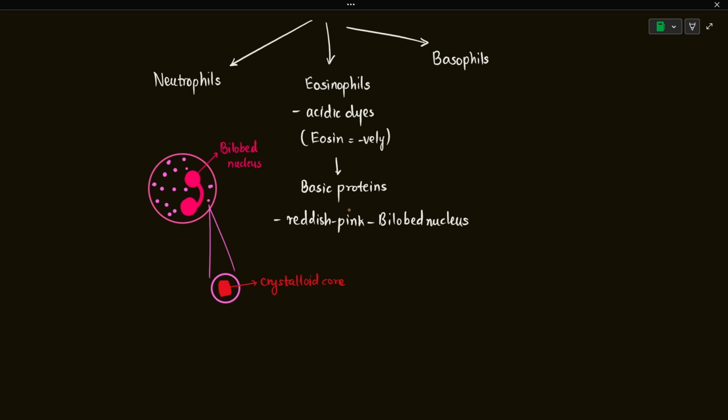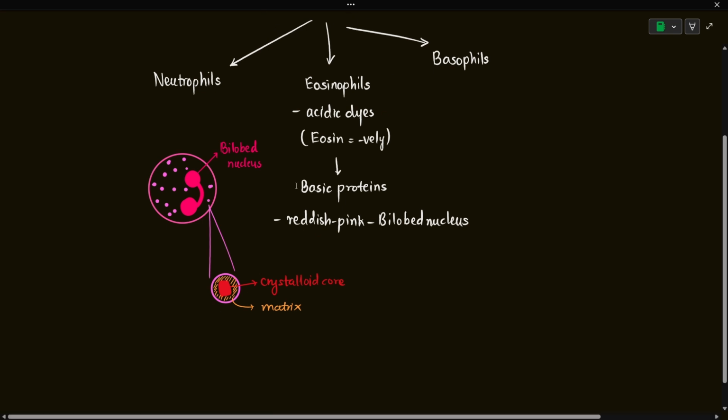The other part, which I'm shading with orange color, is known as the matrix of the granule. So this is the structure of the granule. There exists a matrix and there exists a crystalloid core, and both of them have different types of proteins.